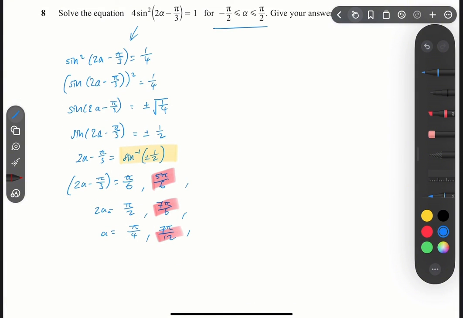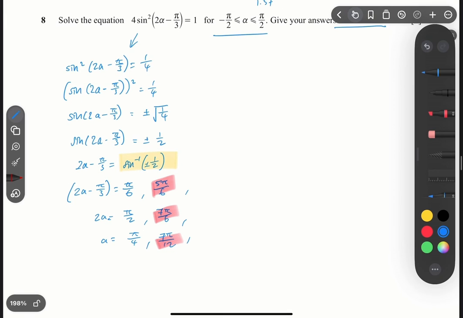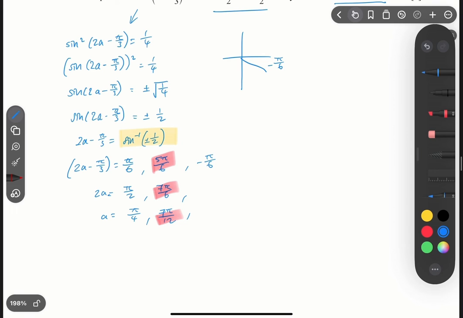And then you can try the negative quadrants. For the negative quadrant, pi over 6, the base angle will be minus pi over 6. Same thing, pi over 12. Pi over 12 is within the quadrant, so it's the answer.